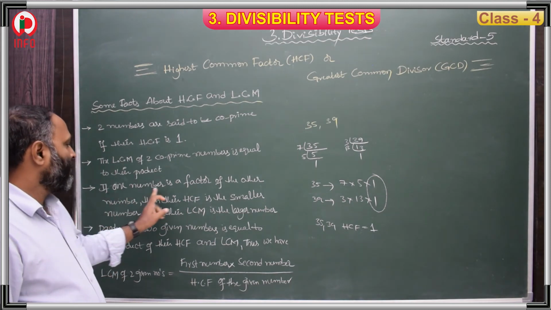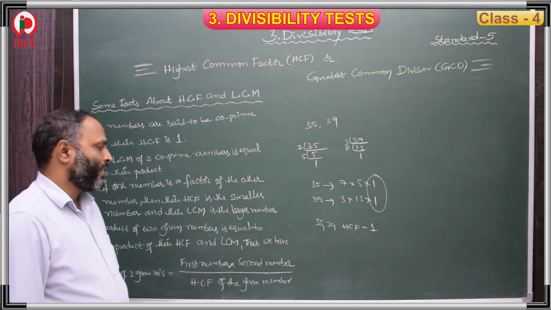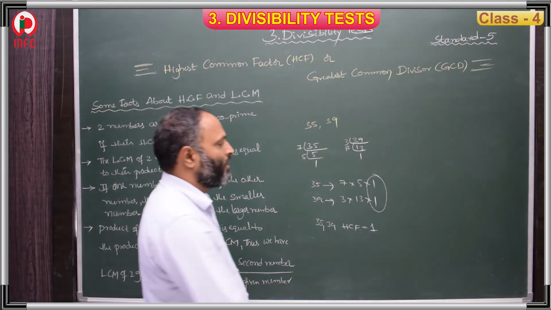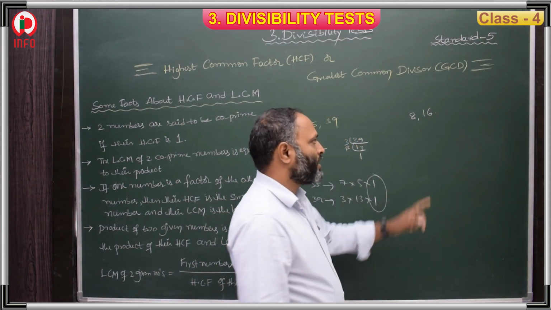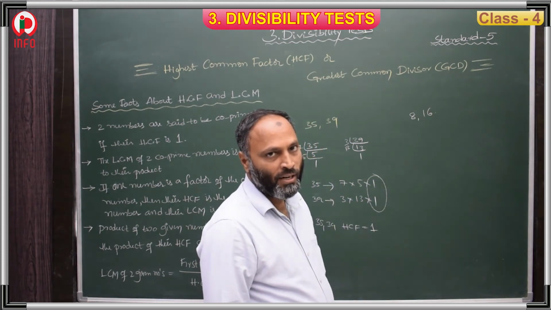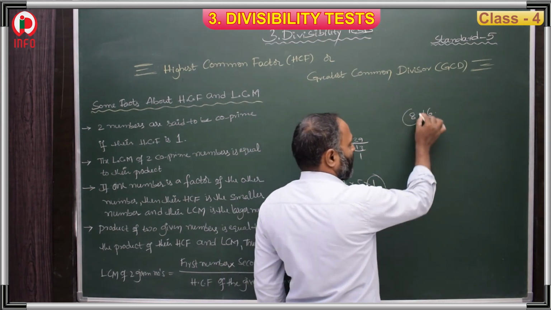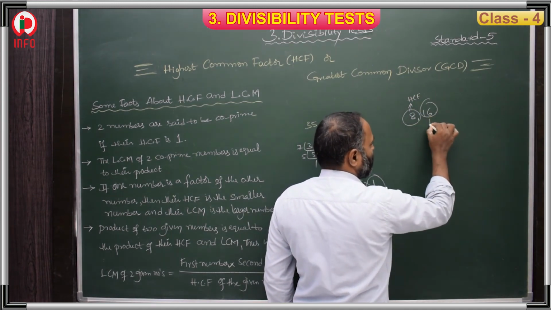Now, if one of the numbers is a factor of the other number, then the HCF is the smaller number and the LCM is the larger number. How? 8 and 16. 8 is a factor of 16. If one is a factor of the other, then this smaller number is the HCF and this bigger number is the LCM.